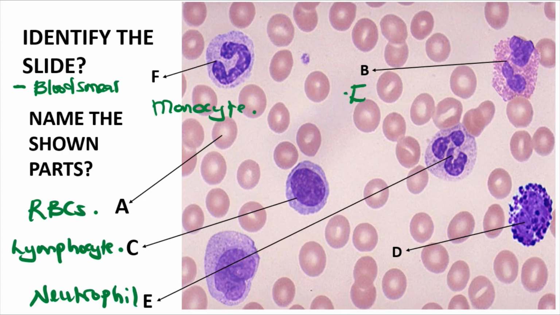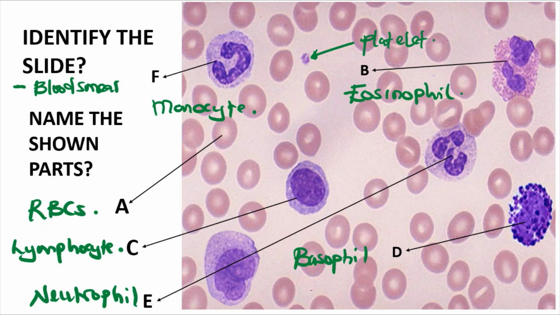B is an eosinophil because it has red granules in its cytoplasm. D is a basophil because it has blue granules in its cytoplasm. This cell here is a platelet.